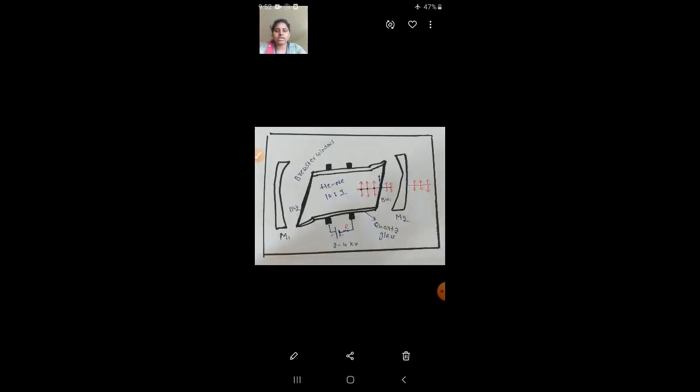So these are polarized light, and the output is also polarized, and this angle is the Brewster angle.